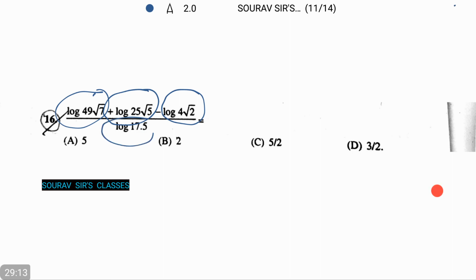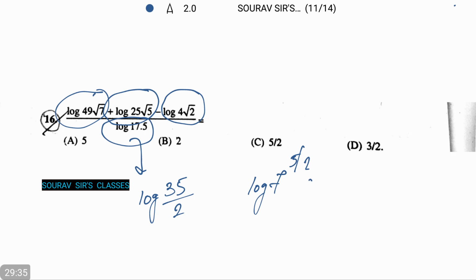And log 17.5. Now 17.5 isn't a really good number, so let me just write this as log 35 by 2, right? And we will now have log 7 to the power 5 by 2 plus log 5 to the power 5 by 2 again, minus log 2 to the power 5 by 2.